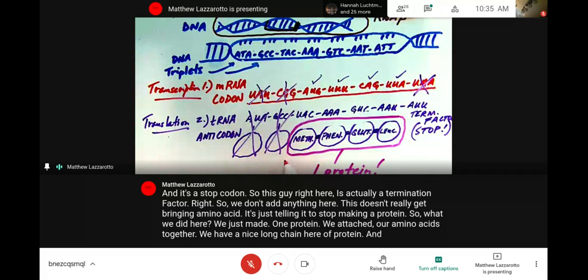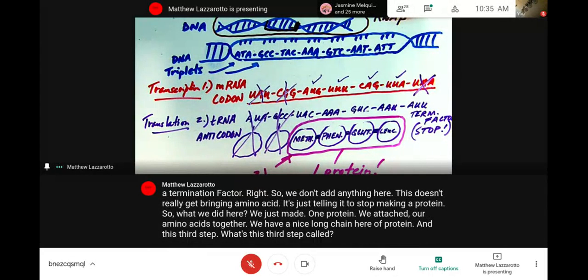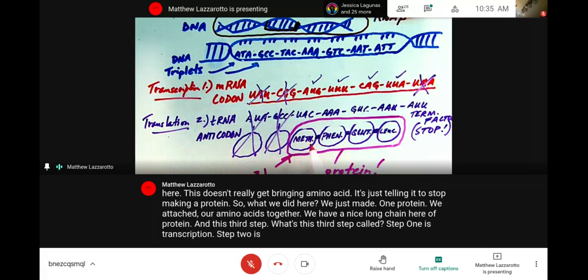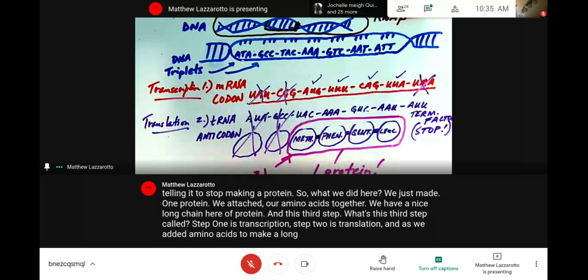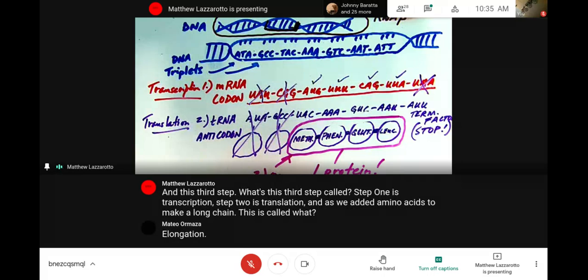And this third step, what's this third step called? Step 1 is transcription. Step 2 is translation. And as we added amino acids to make a long chain, this is called what? Elongation. Yep.